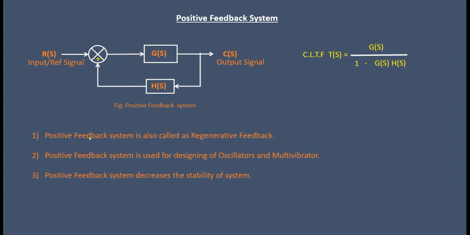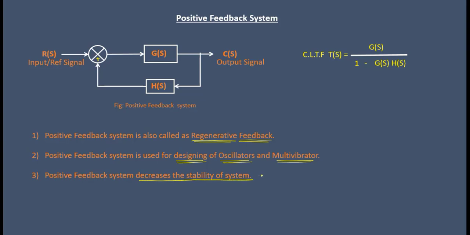So we have some points on the positive feedback system. The first point is that the positive feedback system is also called regenerative feedback. It is used in designing of oscillators and multivibrators. Now, the positive feedback system decreases the stability of a system.